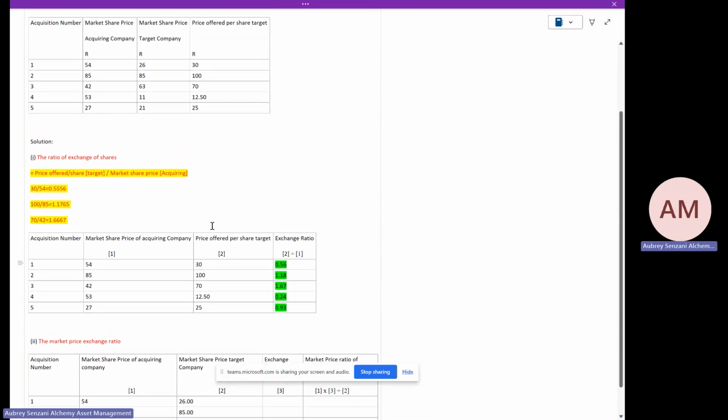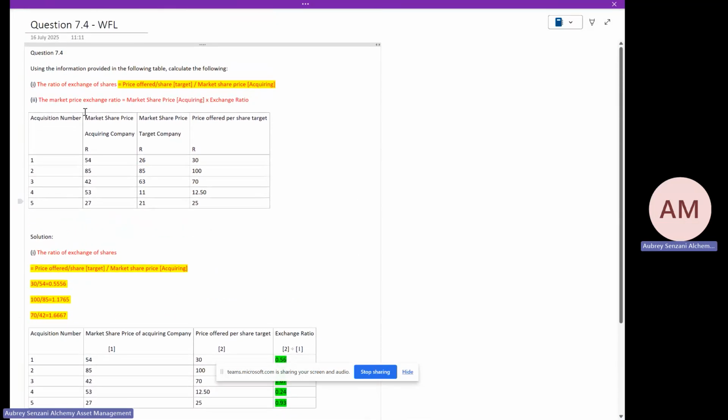Let's see what they are asking in the second part. Here they say the market price exchange ratio. So this was just the ratio for exchange of shares. This is now the market price exchange ratio. And which market share price are we looking at? You could also call this market share price exchange ratio.